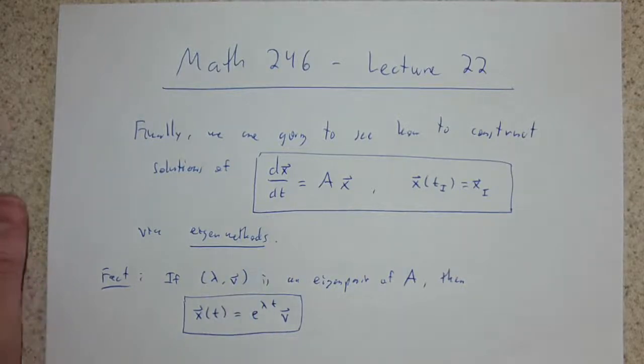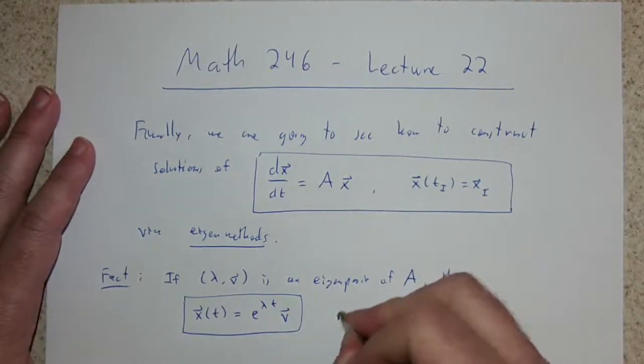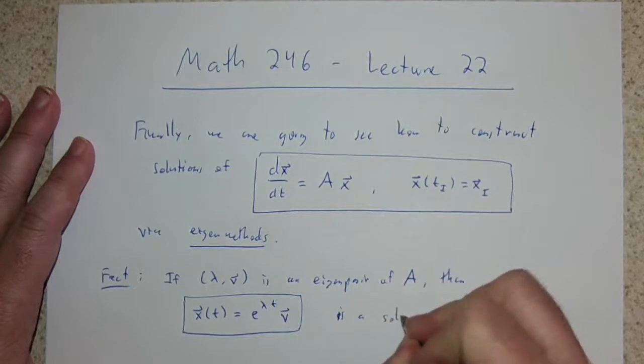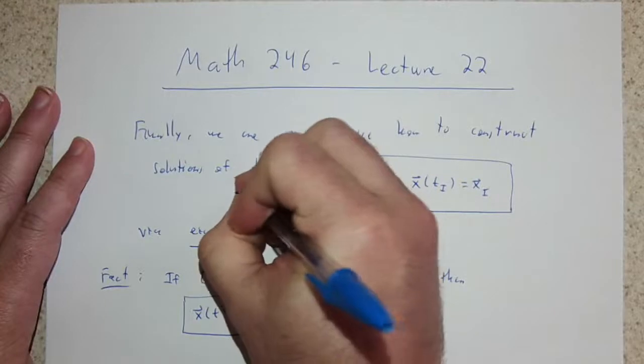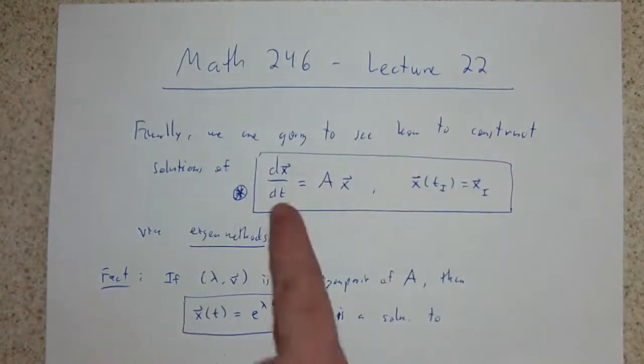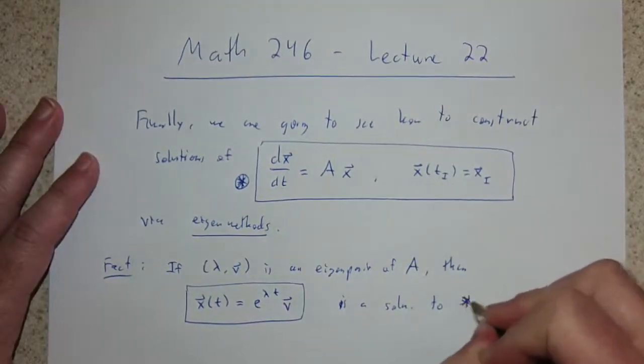So this linear system, I should say. So this is a solution to star. Now when I say this, I mean it solves this differential equation. Imposing the initial condition comes later, but the point is that this is a solution to this linear system.